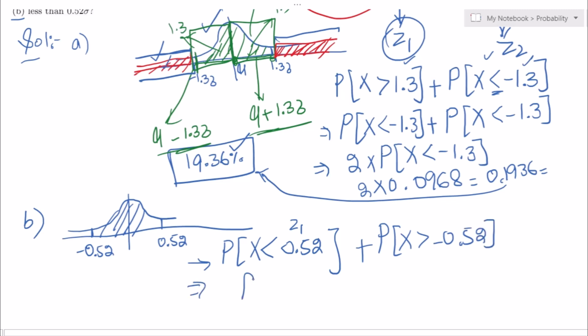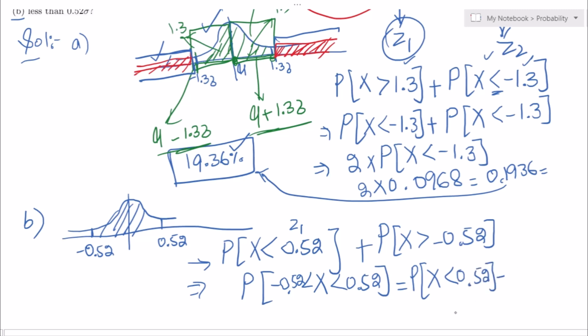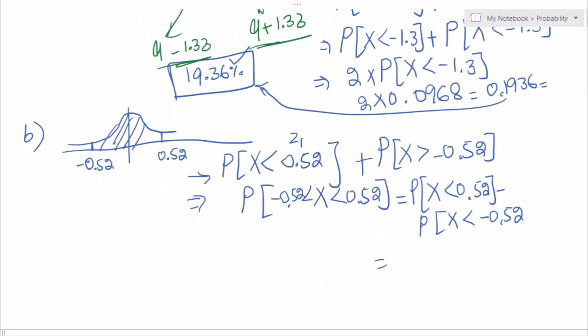Combining them both, we can write it as the probability that x is greater than minus 0.52 and less than 0.52. So in order to find this probability, it would be the probability that x is less than 0.52 minus the probability that x is less than minus 0.52.